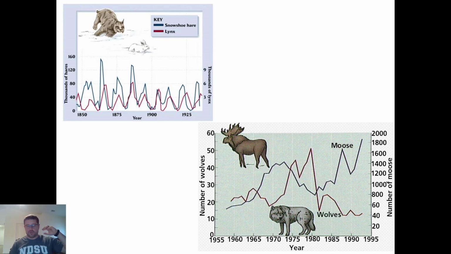So maybe you get sheep, or maybe you get cattle that come through and eat up some of the vegetation. Maybe you have regions where they're very susceptible to drought. And if you have a big drought cycle, you'll have a huge crash in the population.